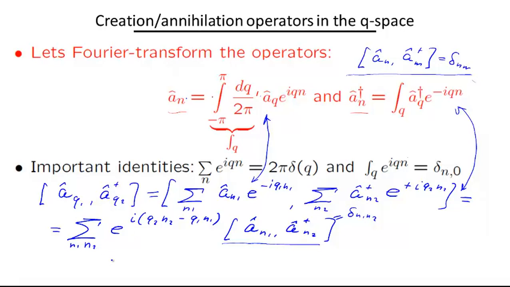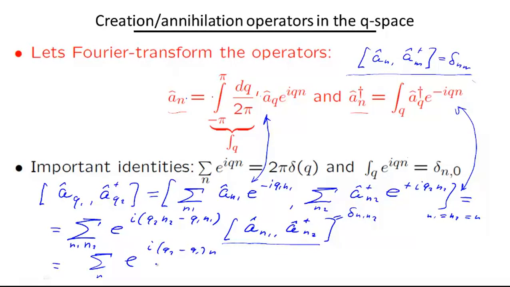And what we can do is simply set n1 equals n2, equal to some other n. And so we're going to write it as follows. It's going to be equal to the sum over n of e to the power i (q2 minus q1) times n. And that's it. So the operators are gone.